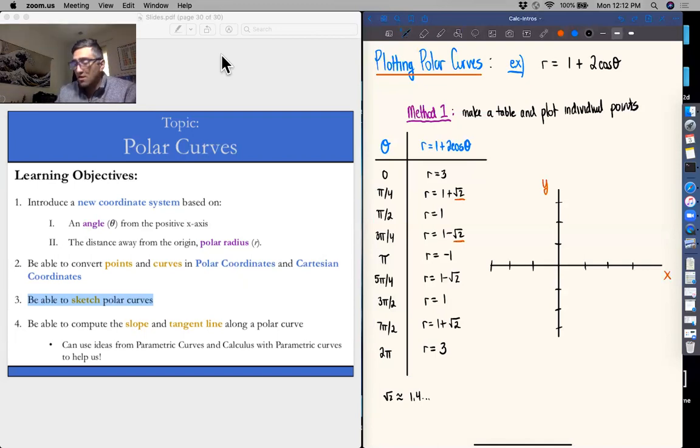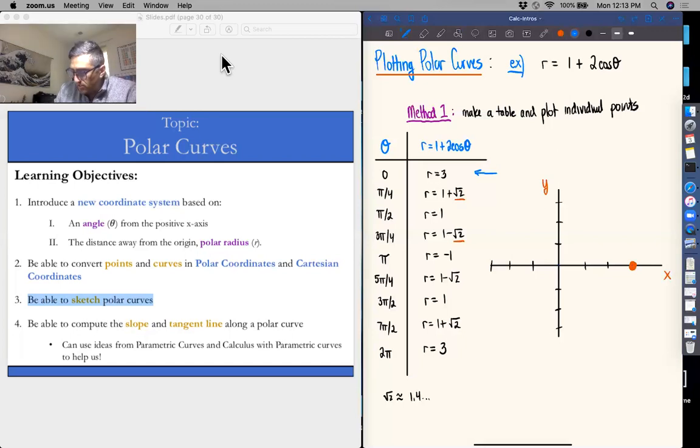All right, let's start plotting some of these points. The first point is when we're at an angle of 0, which is along the x-axis, and we move out a distance of 3. So along that x-axis, we move out a distance of 3, and that is our first point. We have one point down, and the next point I'm going to plot is not at pi over 4.